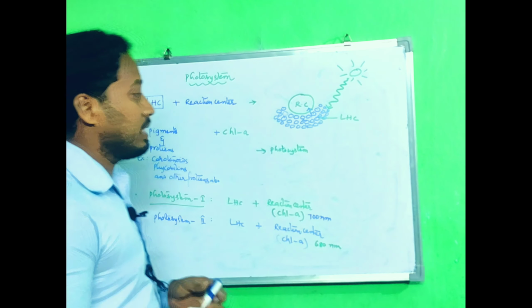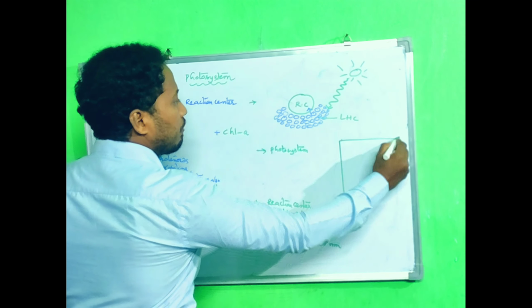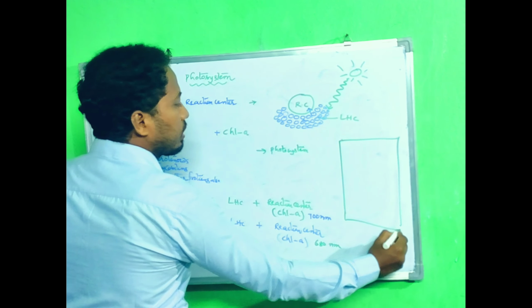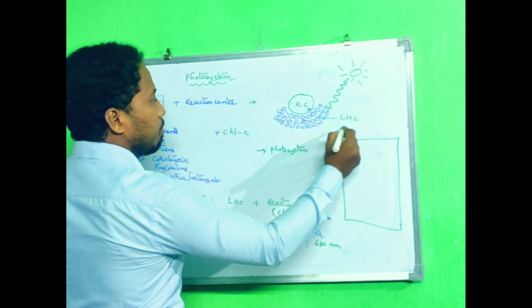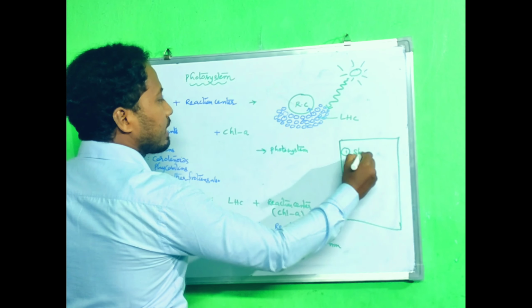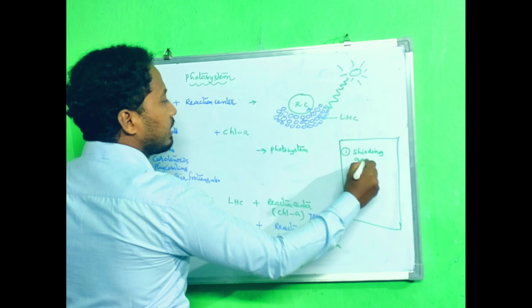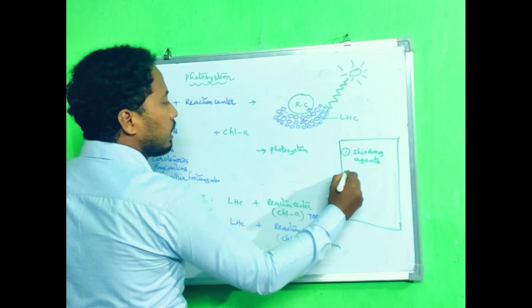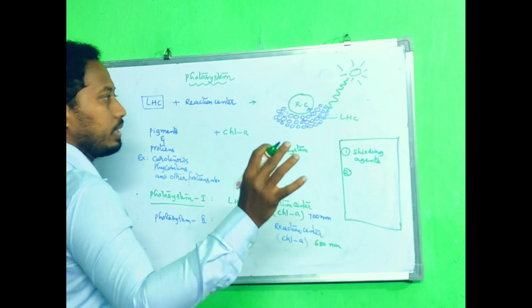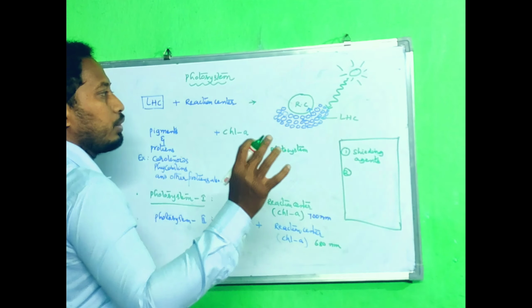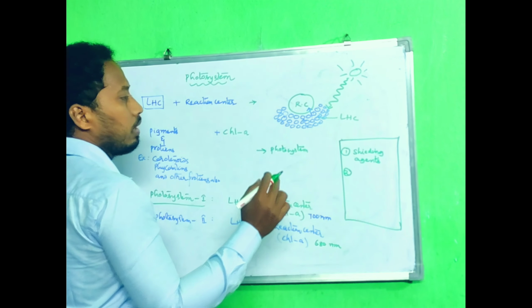So these pigments will protect. In other words, we can say two functions. Number one, these LHC molecules act as shielding agents, because they protect as a cover before the light reaches the proper wavelength.